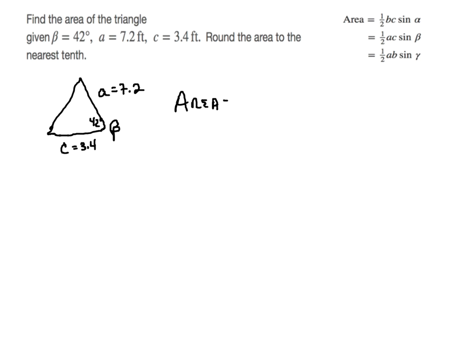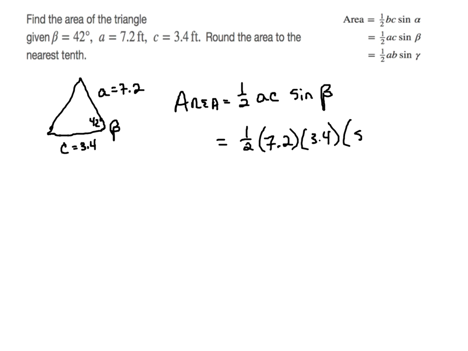So this time we'll use the area is equal to 1/2 A times C times the sine of beta, which is 1/2 times 7.2 times 3.4 times the sine of 42 degrees. And I just put that into my calculator. And I get that the area is approximately 8.2. They told us we're working in feet, so feet squared, square feet.